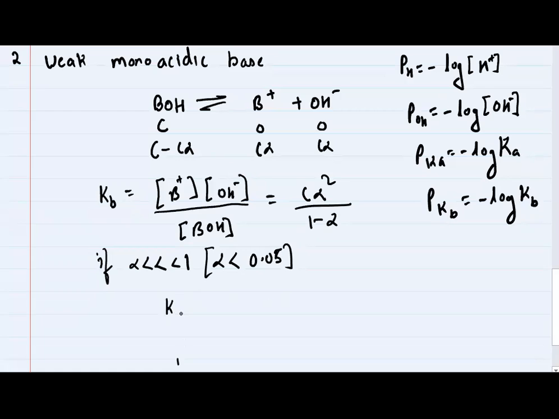So Kb will be C alpha square. In the same way, alpha will become root of Kb by C. If you observe, it is the same statement. Yes or no? Instead of Ka, Kb is there. Right, everyone? Just raise your hand. Isn't it the same statement?